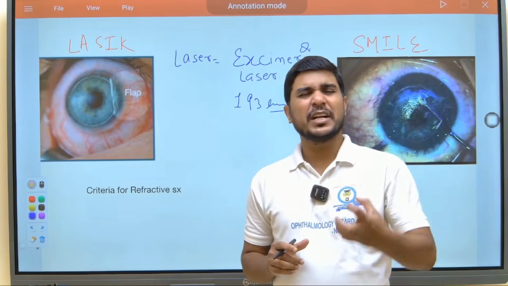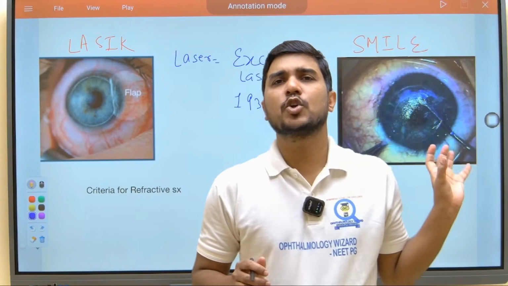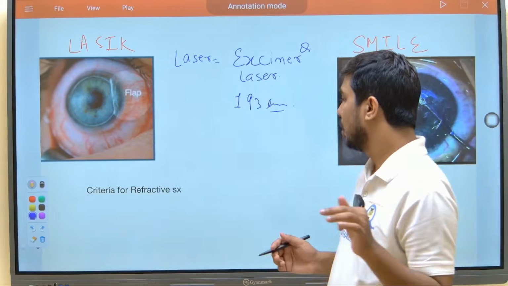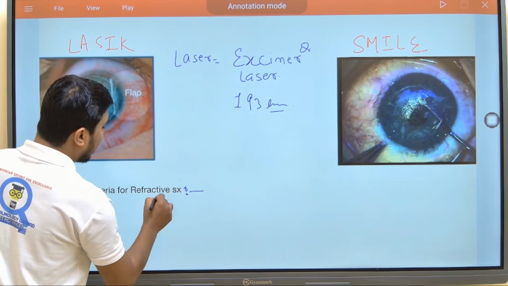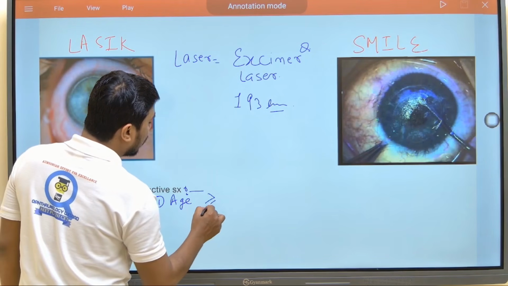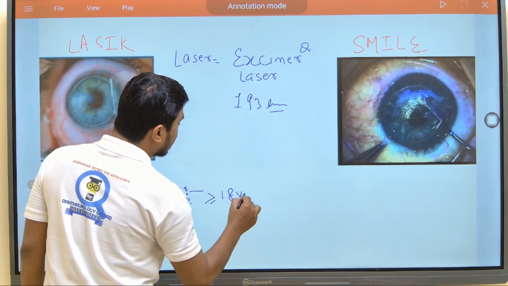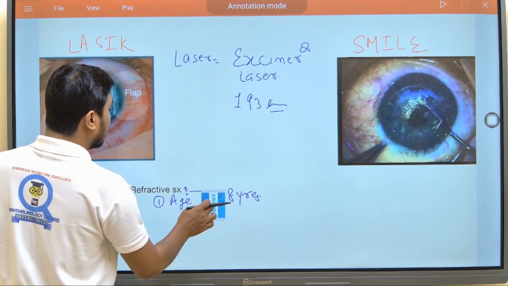The third important point to understand before completing this image: what are the criteria? This is very important. Every time in the exam, this can become a hit question. Okay. So what are the criteria? Let's complete the criteria. The first criterion will be age. The patient's age should be more than 18 years. Okay, understood?